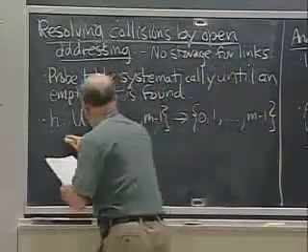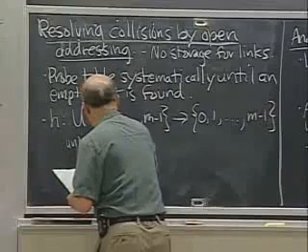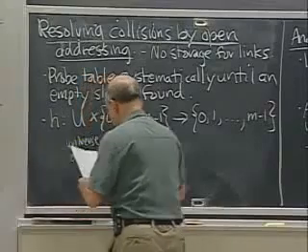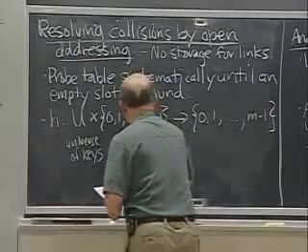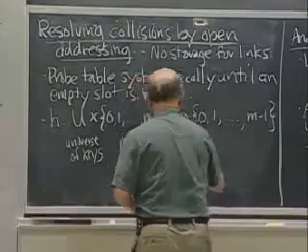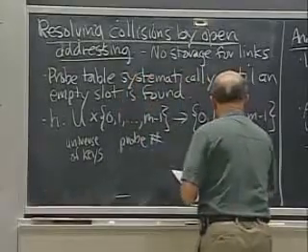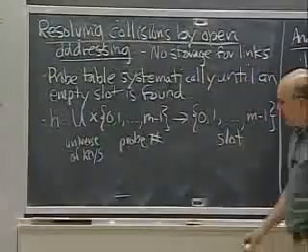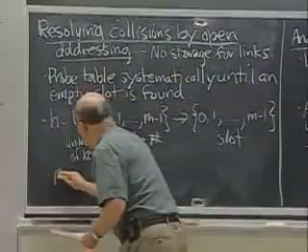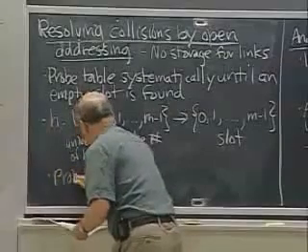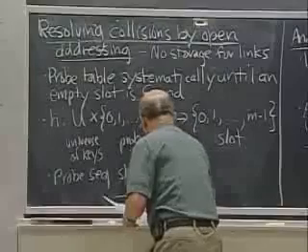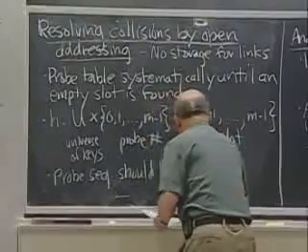So this is the universe of keys. This is the probe number. And this is going to be the slot. As I mentioned, the probe sequence should be a permutation.